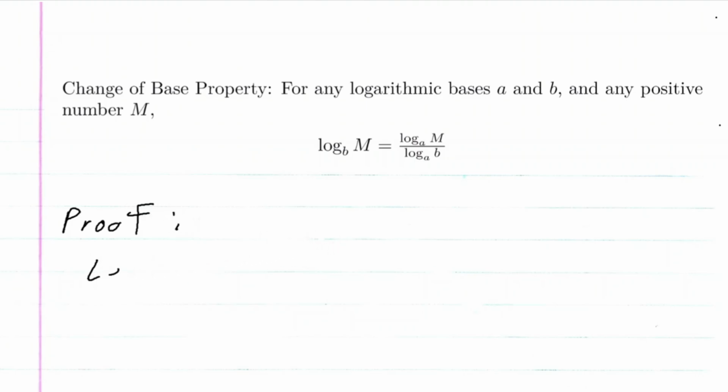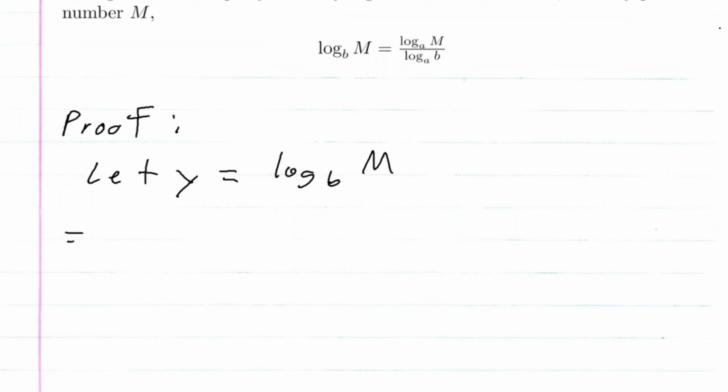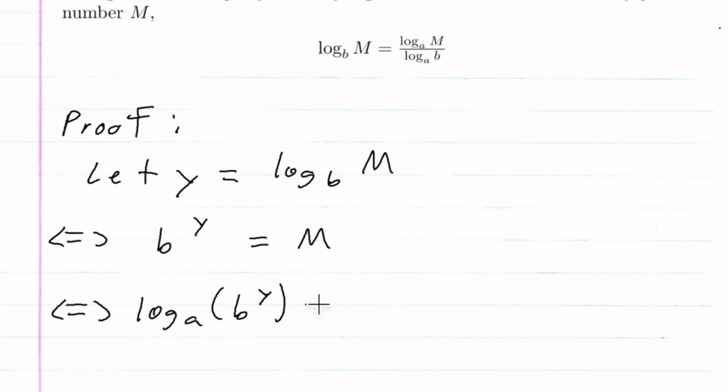So we're going to let y be equal to log base b of m. Well, using the definition of logarithms, we know this is the same thing as b to the y is equal to m. And then we can take log base a of both sides to get log base a of b to the y is equal to log base a of m.